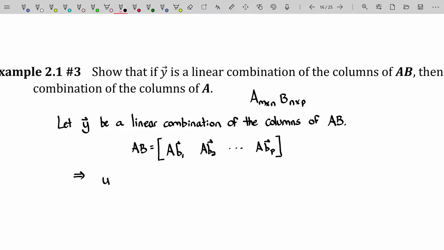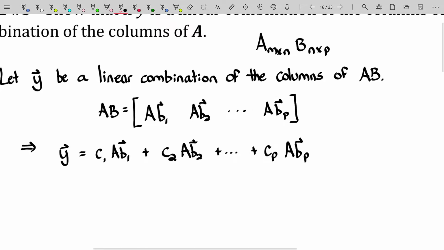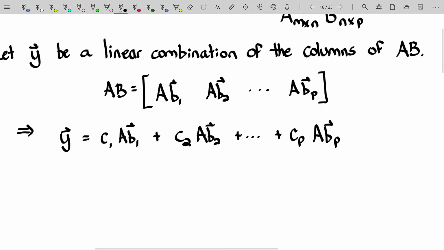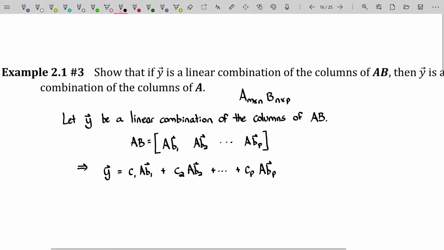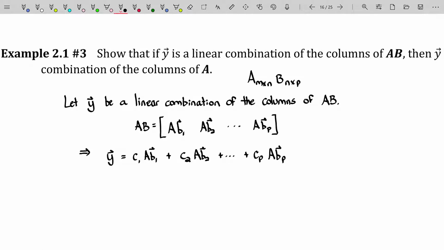Well, that will imply that y is some combination, let's just say it's C1 AB1 plus C2 AB2 plus so on and so forth down the line. That's a linear combination of the columns of A times B. And we want to show that that means that y is a linear combination of the columns of A.